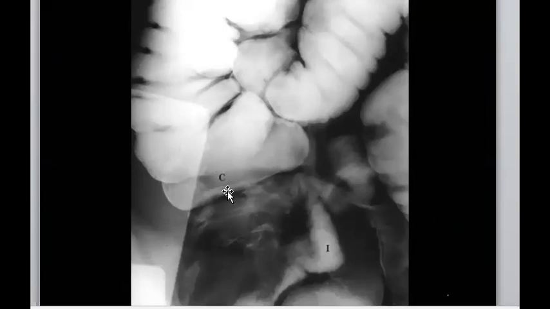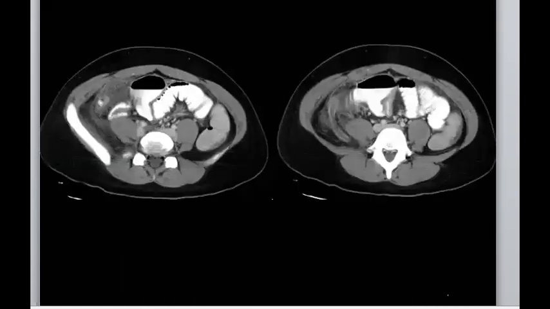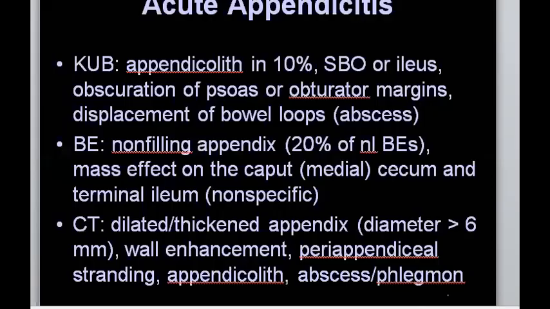So this should be the cecum, and this is the ileum, okay? And the mass effect is on the ileum. It is not easy, but I think in real practice they order a CT, yes. Okay? It's clear?